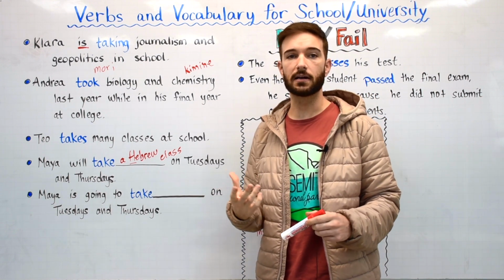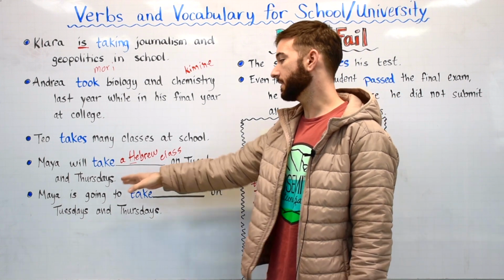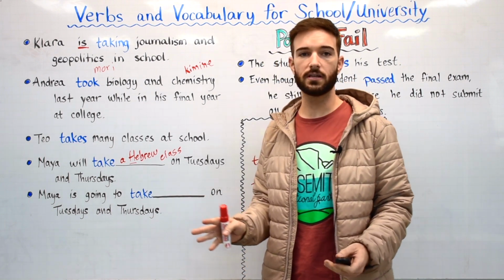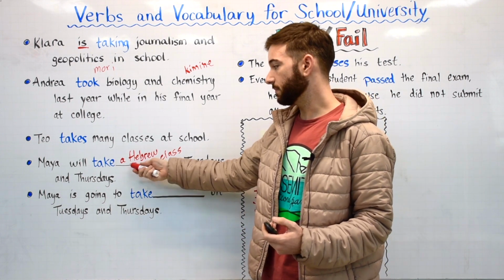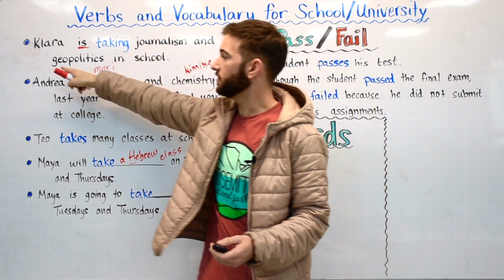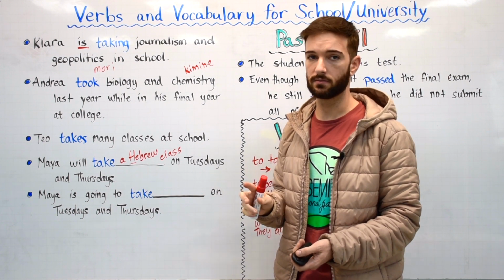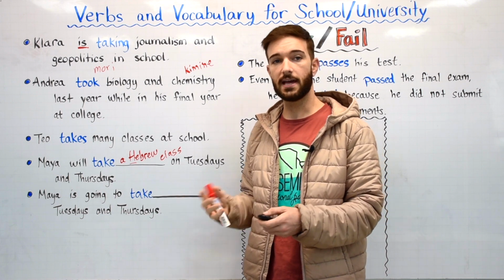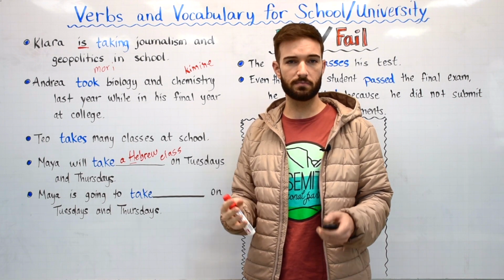Okay, Maya do të marrë hebraisht, okay, një klasë hebraike, të martën dhe të enjten, okay, on Tuesday and Thursday. Don't forget, mos harroni, that we need to use big letters for these. But the other classes like journalism and geopolitics, they are small letters. They are not the names of languages. Okay? Mos harroni se ne duhet të shkruajmë me shkronjë të madhe emrin e gjuhës, por ky rregull vlen vetëm për klasat e gjuhës.